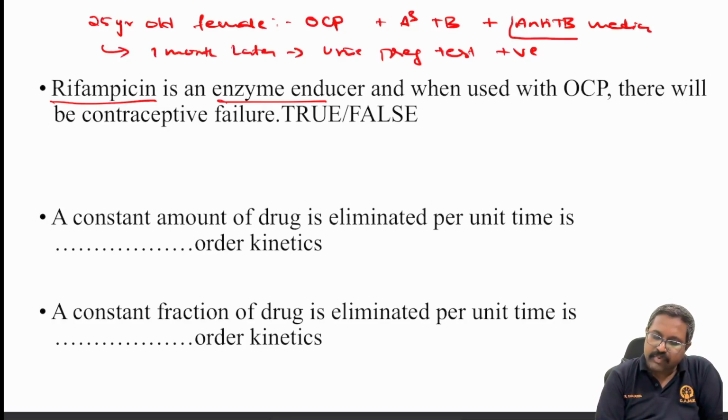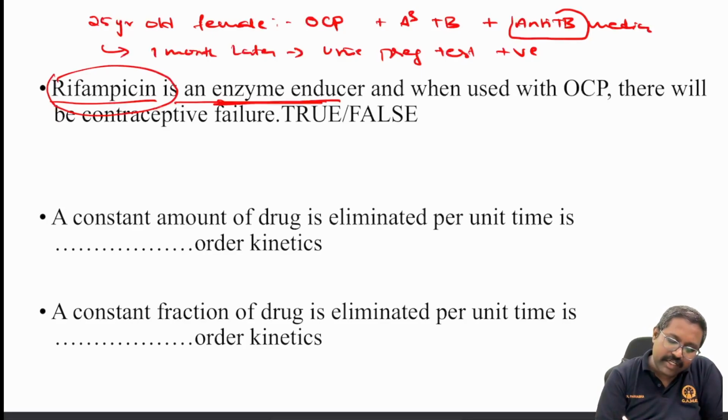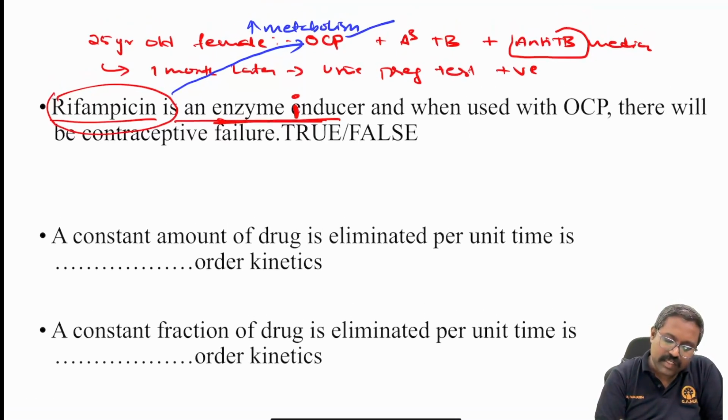Since among the anti-tubercular drugs you have rifampicin, and as you know, rifampicin is a potent enzyme inducer, it would have induced the enzymes. This rifampicin would have increased the metabolism of OC pills. Thereby what happens to the concentration of OC pills? The concentration will decrease.